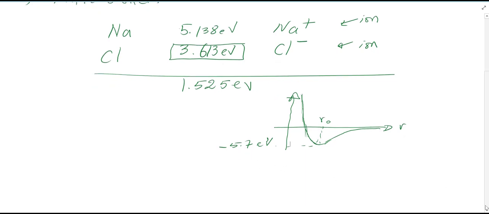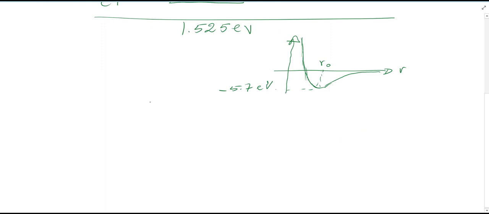As a matter of fact, the excess energy in this case for this interaction, if we add the 2, will be a net value of 4.2 something, 4.2 electron volt. Here is the deal.